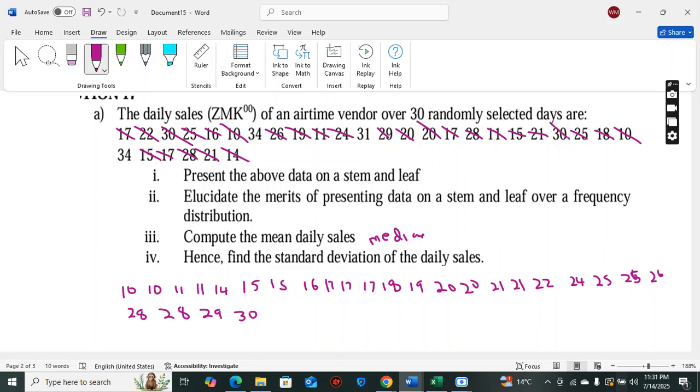Oh, we've got two 30s. Okay, we've got two 34s.